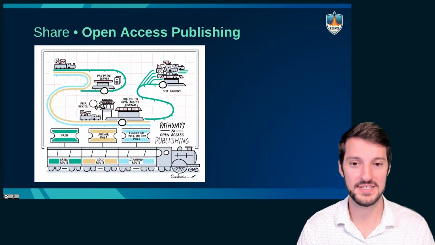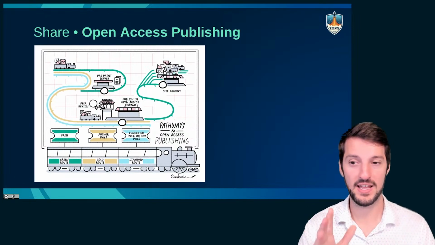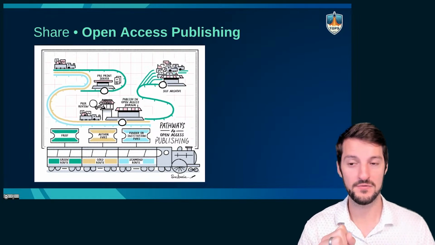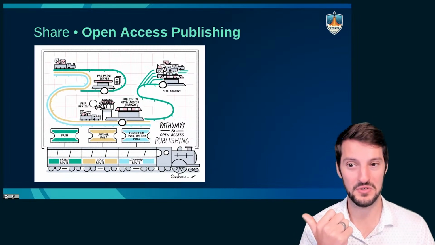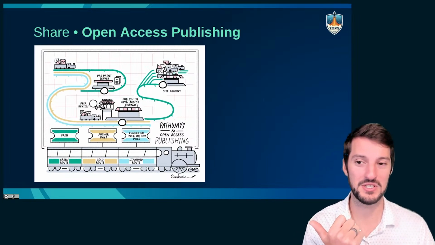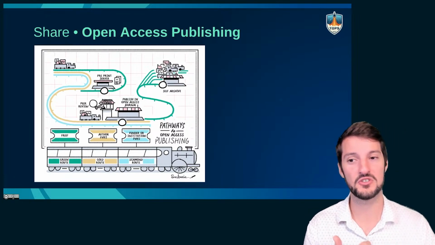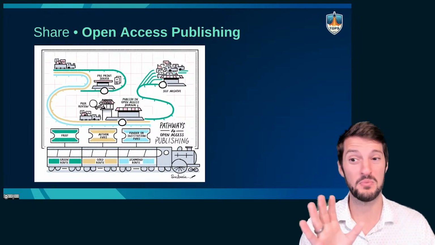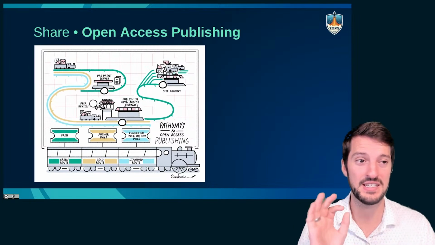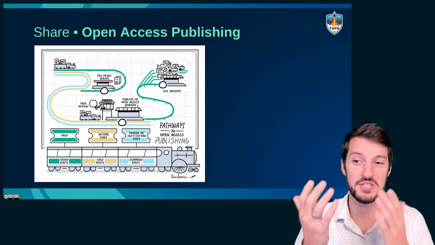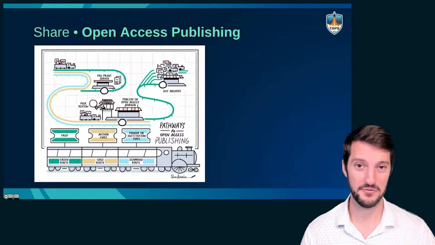And so that money needs to come from somewhere. If they're not going to charge the viewers of the article money for viewing it, then they're going to charge the person who wants to publish it. And unfortunately, sometimes these APCs can be quite expensive, upwards of somewhere around $2,000 US, which is a lot of money.